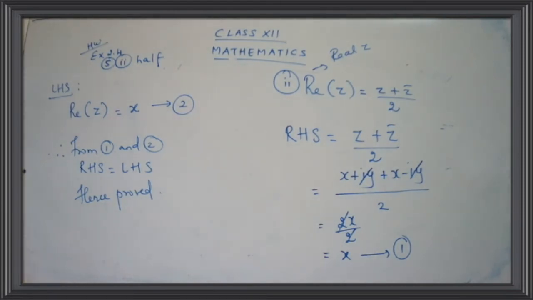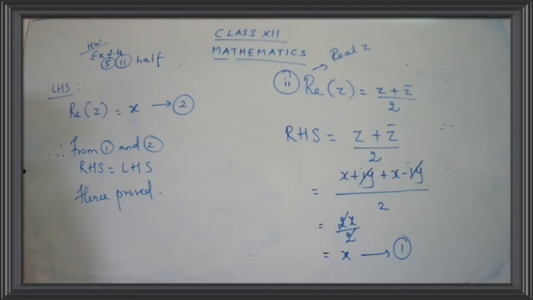Take down the 6th question. Write down the question. Find the least value of the positive integer n for which root 3 plus i the whole raised to n is real and purely imaginary.